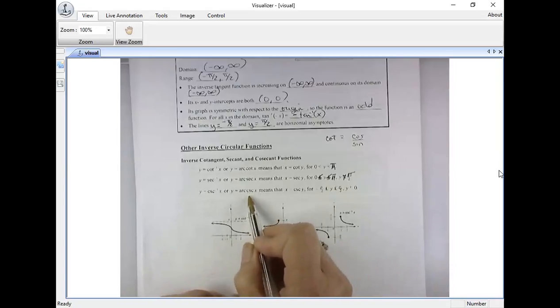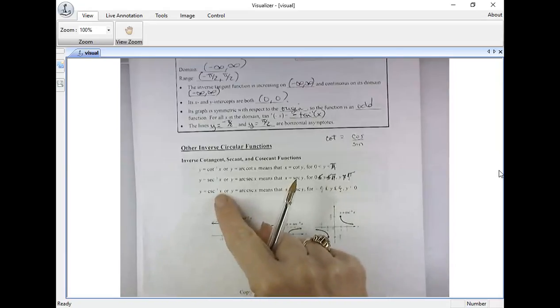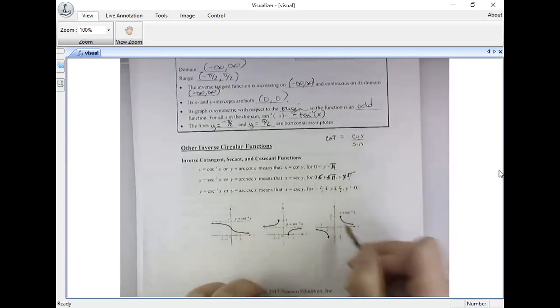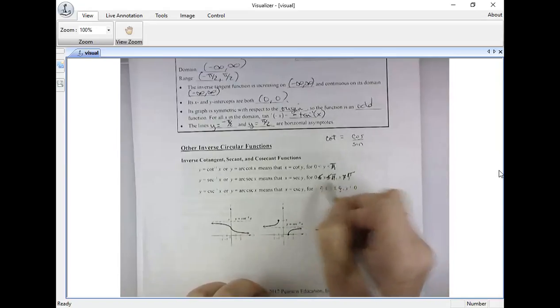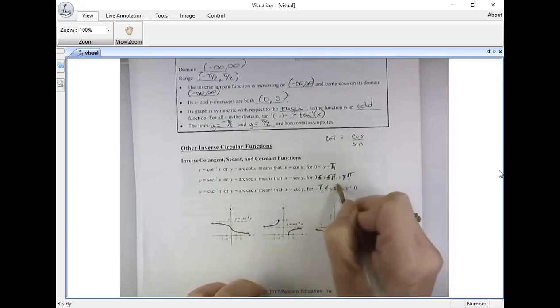And for the arc cosecant, again, that's the one that would also be a series of parabolas, but it touches at the high points and low points of which function? Sine, because it's the reciprocal of sine. And so this is going to restrict it to where negative pi over 2 is less than or equal to y, which is less than or equal to a positive pi over 2.